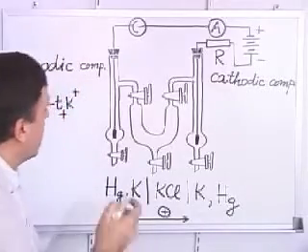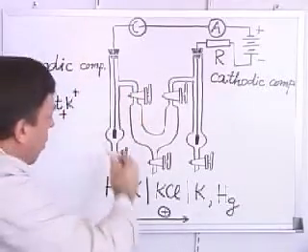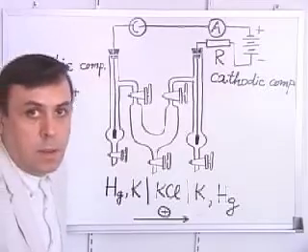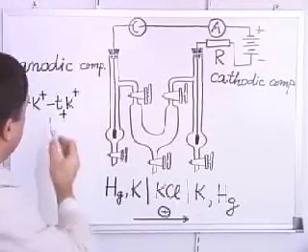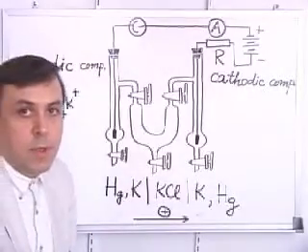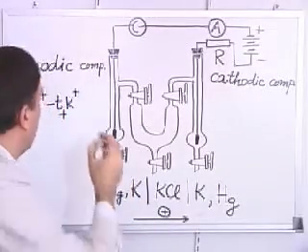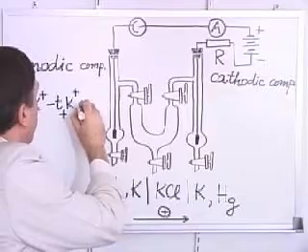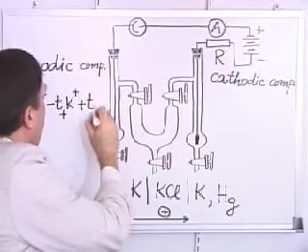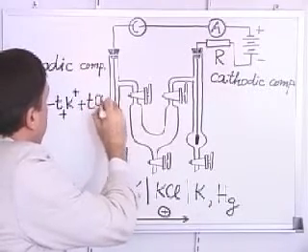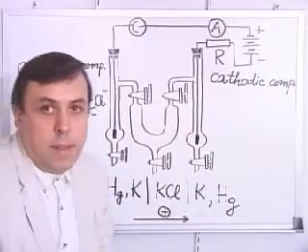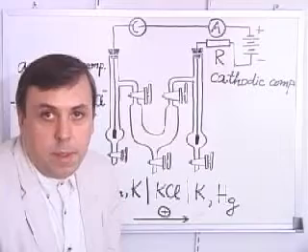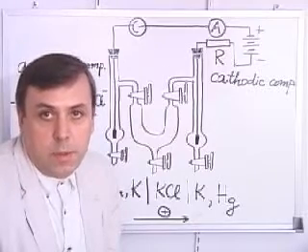And the fraction of the electricity, or this mole, that has passed through the system due to the potassium is equal to T plus, which is the transference, the transport number. Also, the anodic compartment gains T minus chlorine anions. Now T minus is the transport number, the transference number of the chlorine ions.